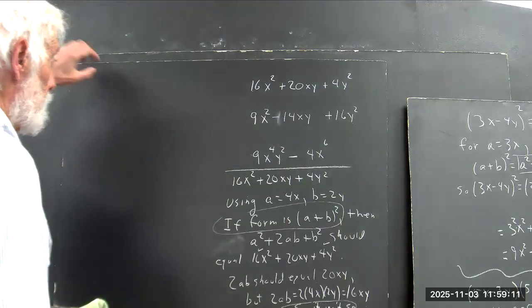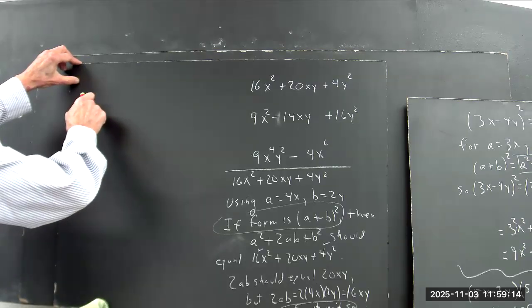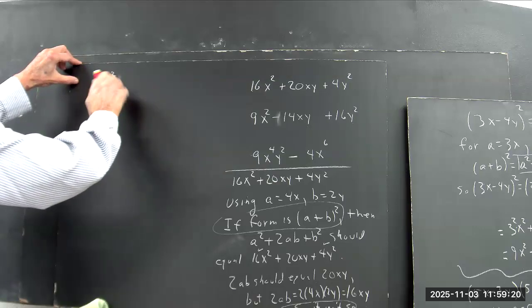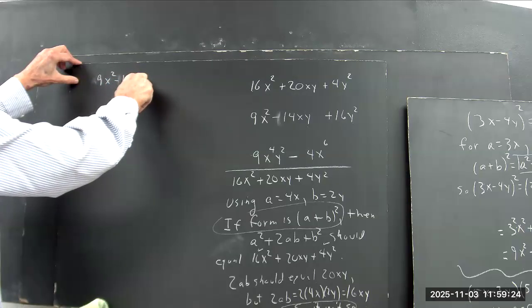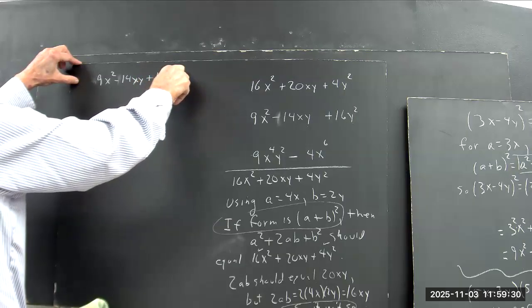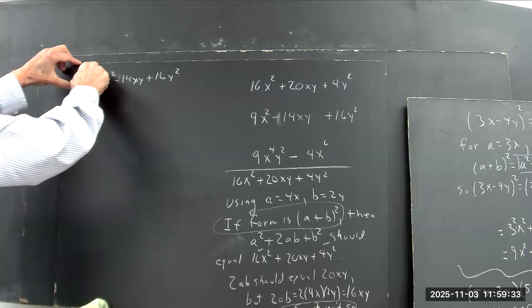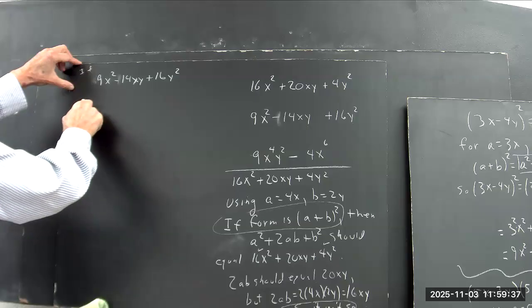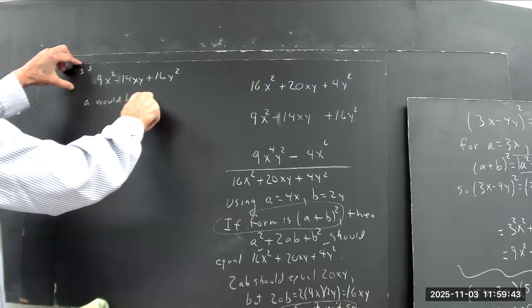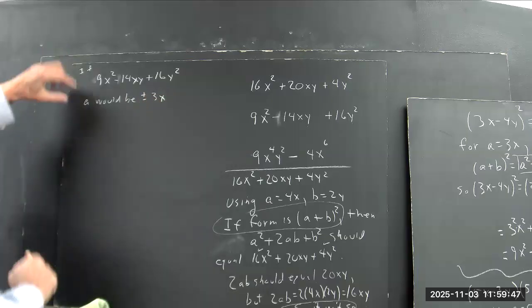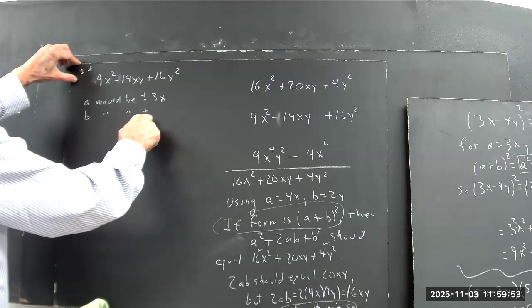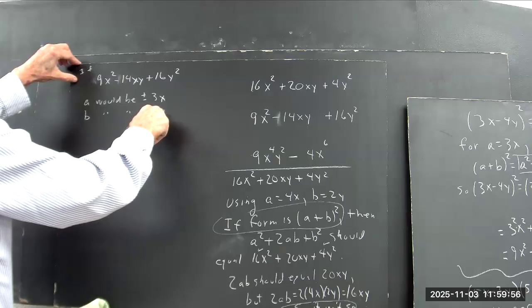Now, on the other hand, for 9x squared minus 14xy, A would have to be plus or minus 3x. B would be plus or minus 4y.